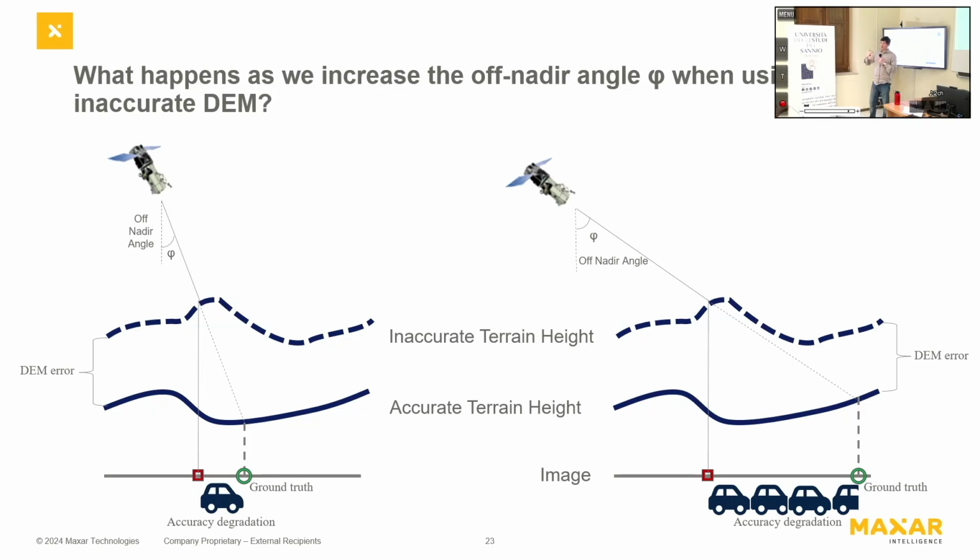And if the DEM is not super duper accurate, as soon as you're a little bit off nadir angle, you start seeing these effects. And because the Himalayas are so high, anything slightly wrong gets projected in the wrong position. And so things that are like the size of a car get smeared across many, many pixels.